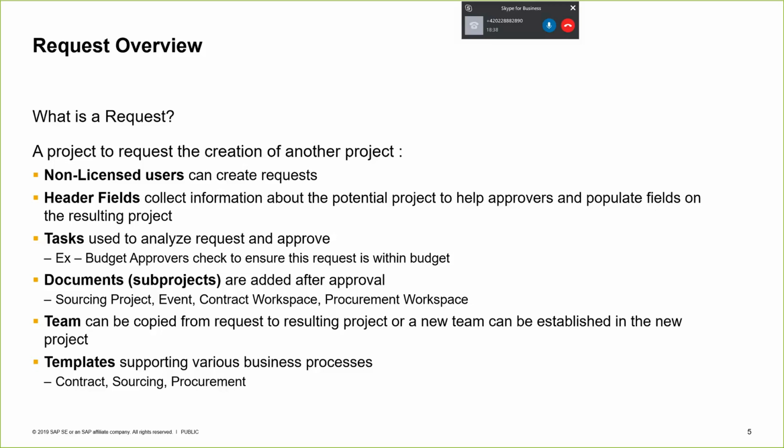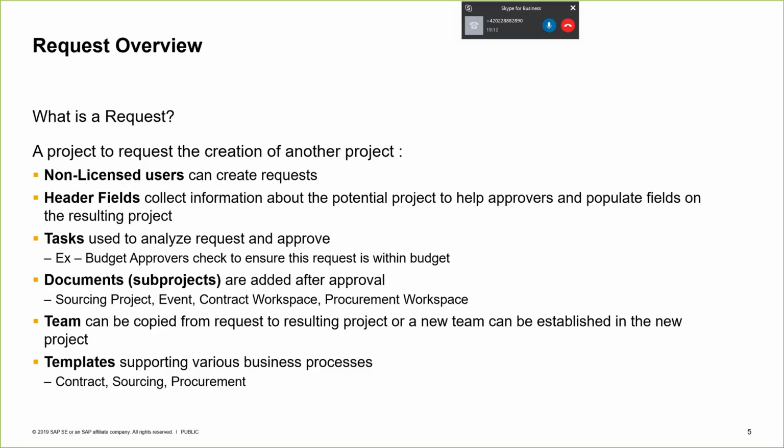As with any other project or workspace, which has tasks and team, there are also documents. On the Documents tab of a request, we do have the projects themselves: sourcing project, event, contract workspace, procurement workspace. So we defined it already on the template level. The projects or sub-projects or workspaces are added there automatically after the approval.